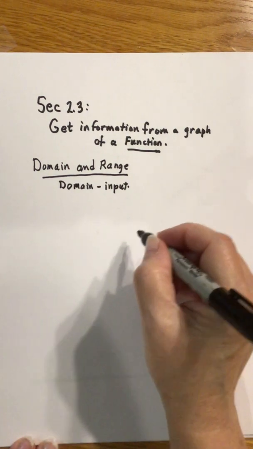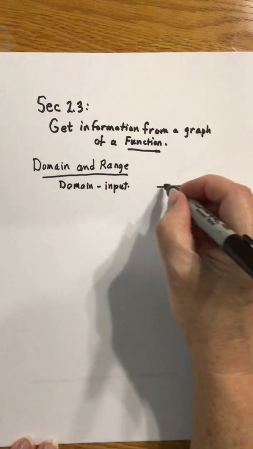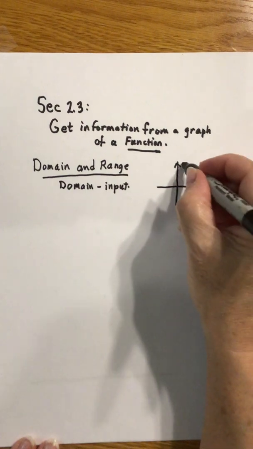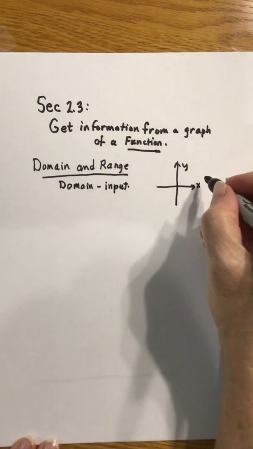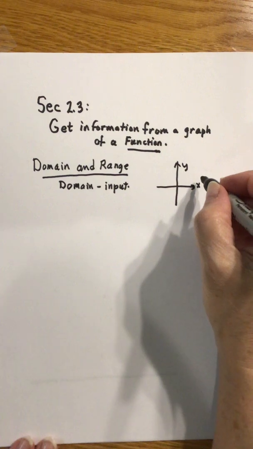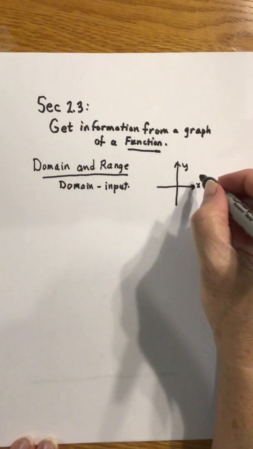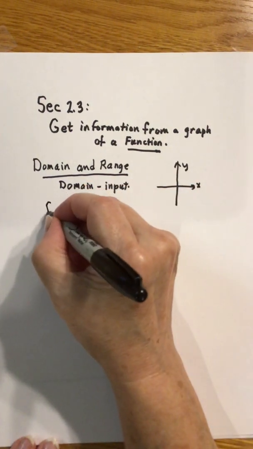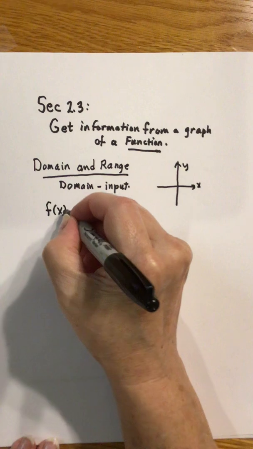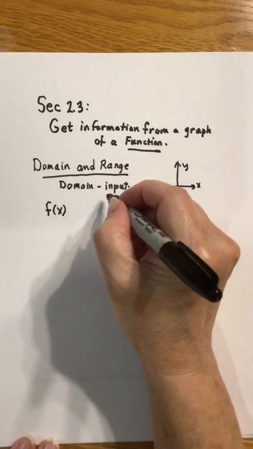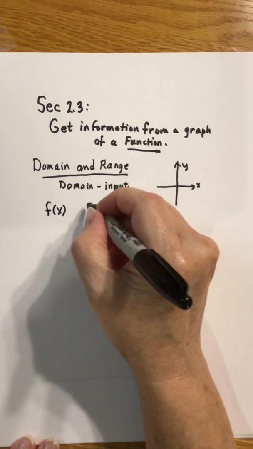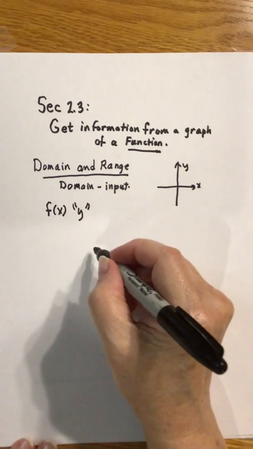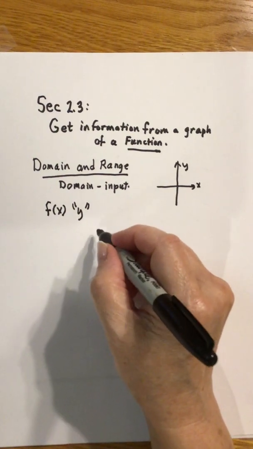Okay? So x we know is the horizontal axis, and y is the vertical axis. So this is the x, and this is the y. The height of the graph is the value of the function. So f of x is what we call what we plug into. So f of x is the result we get after plugging in the x. So we call f of x, sometimes we call it y, because we're moving up and down the vertical axis.